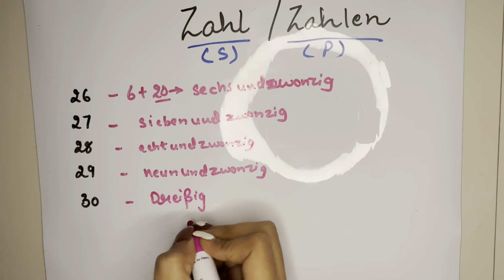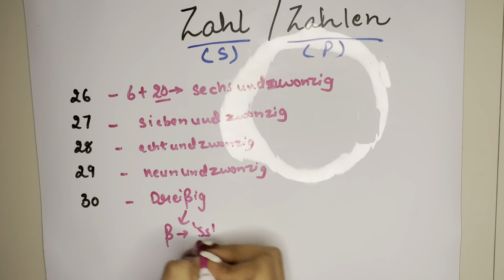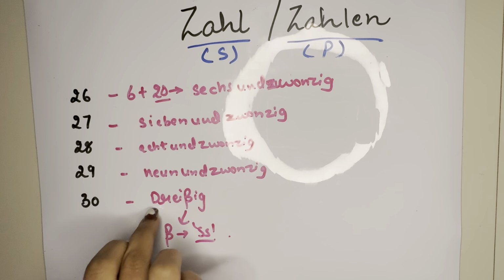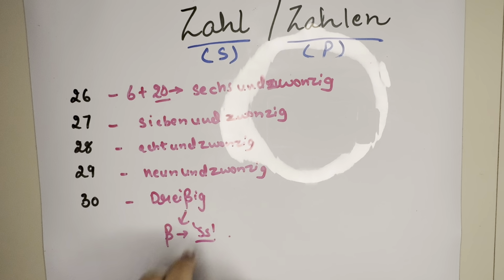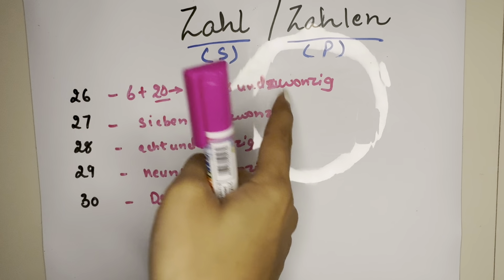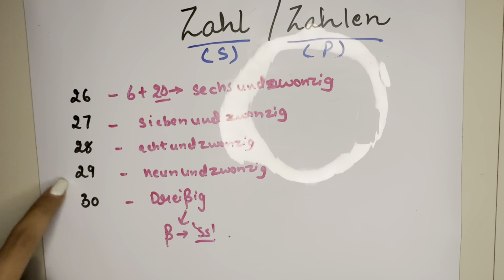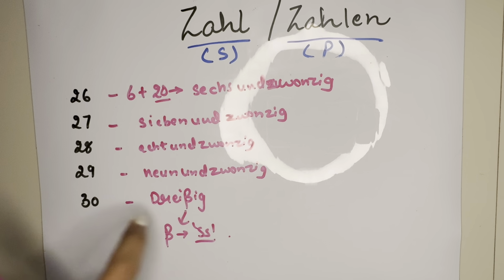dreißig. So do you remember this ß sign? This ß sign is double s basically, and dreißig is the pronunciation. So it is 26, 27, 28, 29 and dreißig.